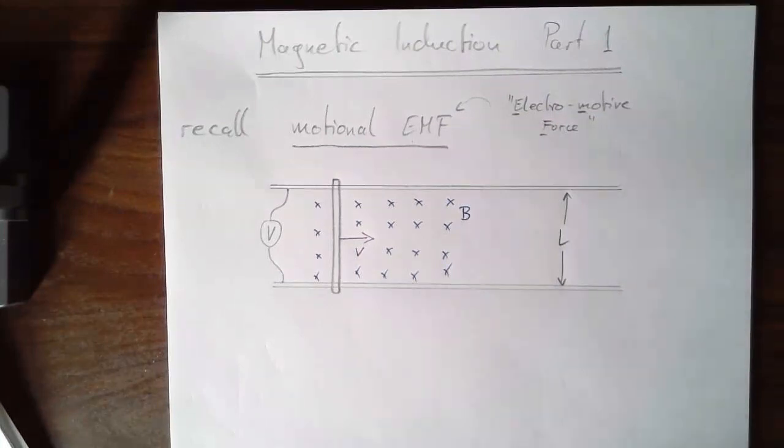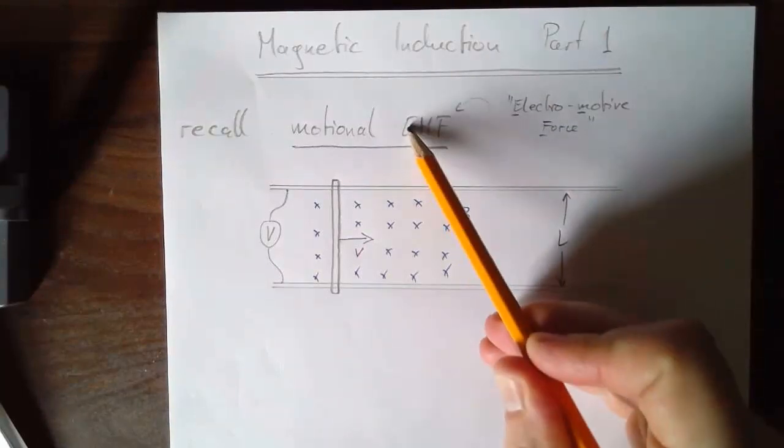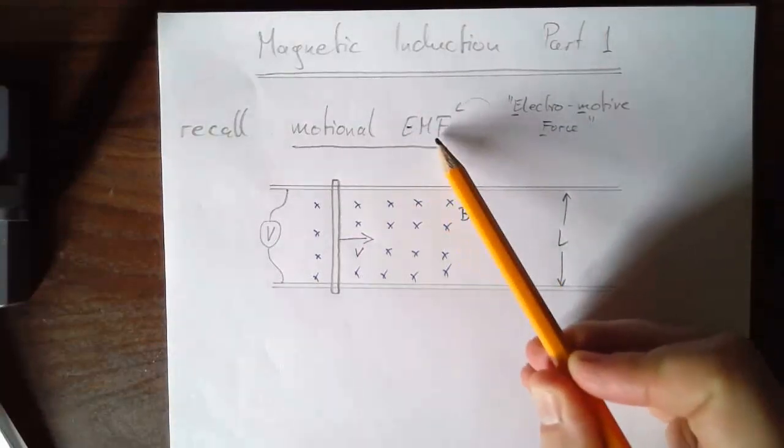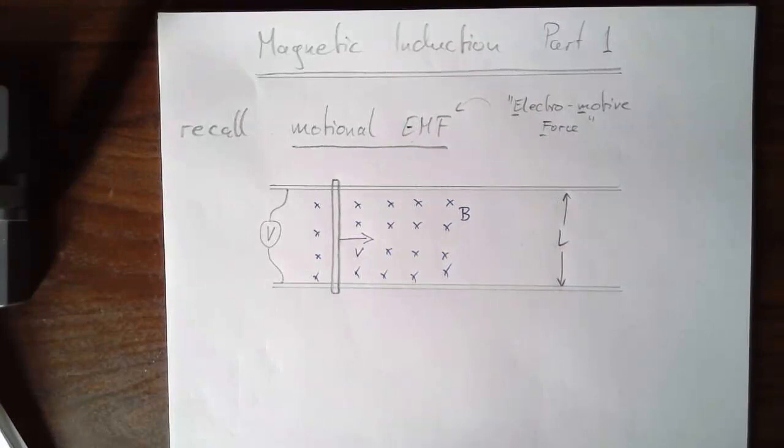So in this first part, I want to consider situations where we are moving a conductor through a magnetic field, and doing so creates an EMF, so a potential difference. Remember, EMF is just a fancy name for the type of potential difference created by, say, a battery.